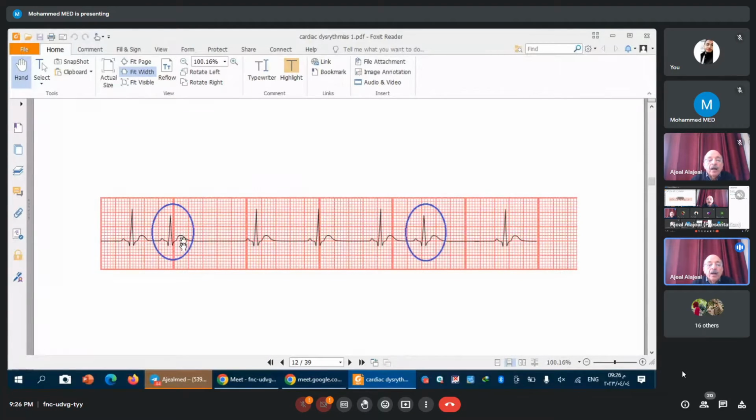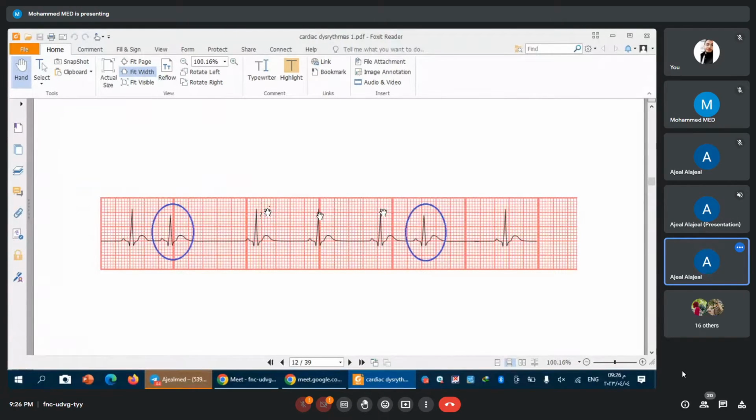So the RR will remain the same. You see, this R to this R is exactly equal to this R and this one. I will say it again. From here to here, this R to this R is equal to the distance from this R to this R. Is this clear?